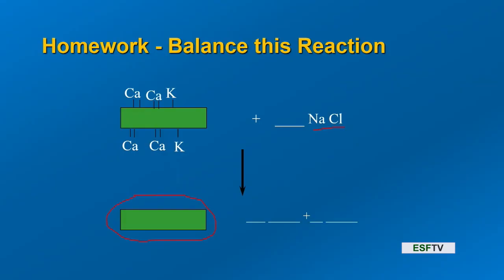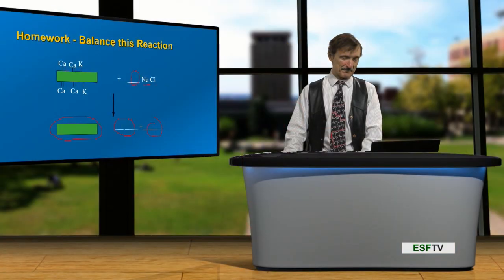And tell me how many of these NaCl's it takes to do this. And then tell me what's in these positions and how many. So we're going to have calcium, potassium. So you'll answer this piece and this piece. You can balance it. That'll be it.